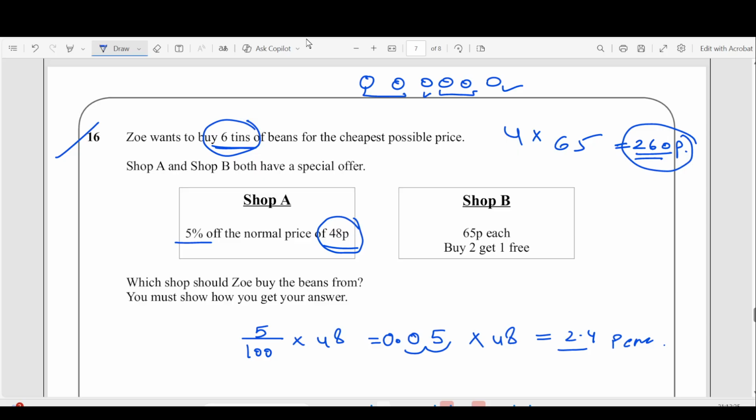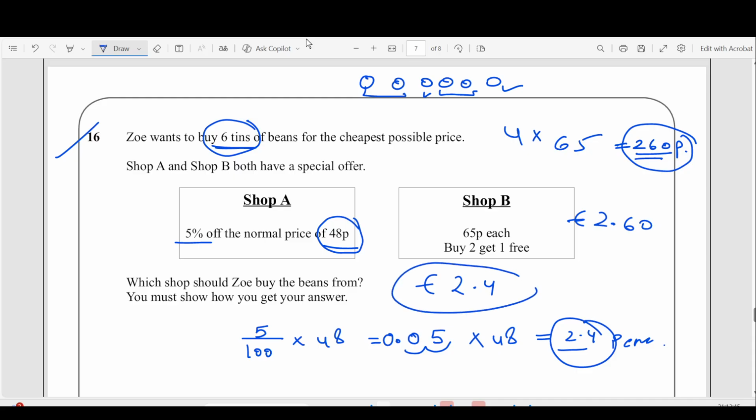For shop A you should get 2.4, 2 euros and 40 pence. And for shop B I'm getting 260 pence, which is 2.60 euros, right? So the price of shop A is less than shop B, so it should be shop A, isn't it?